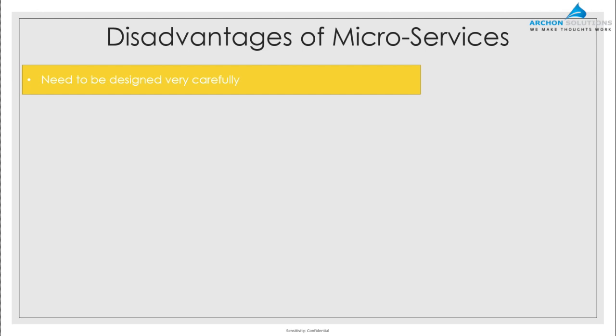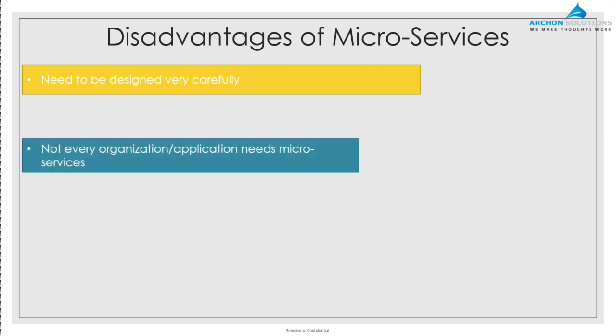So we need to have a really good experienced architect to design a microservices application. Not every organization or application needs microservices. That's exactly what I said. We need not complicate or use microservices just because it's trending now. Analyze whether your application needs it or not, and only if it is absolutely required, adopt it, because otherwise maintaining can be a challenge.